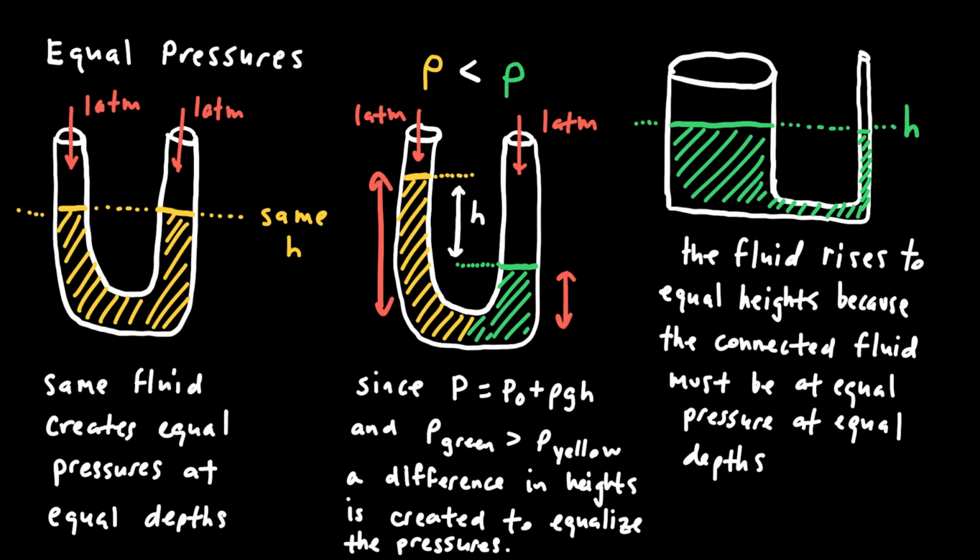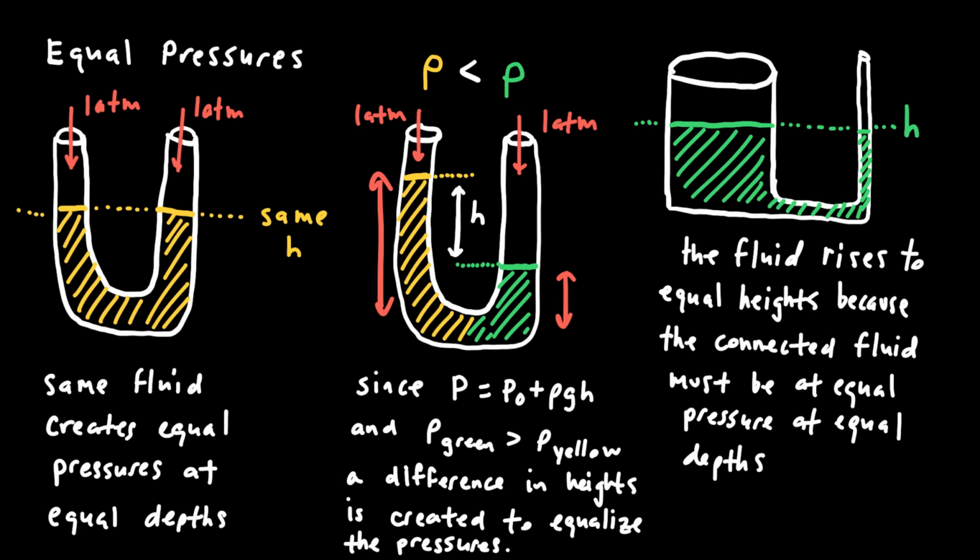We also saw a demonstration where I had a large container of fluid which had a small tube connected to it. And this is being shown on the right. And despite it not being incredibly intuitive, the height of the fluid in that very narrow section of the container on the right and the height of the fluid in the very wide section of the container on the left is the same.